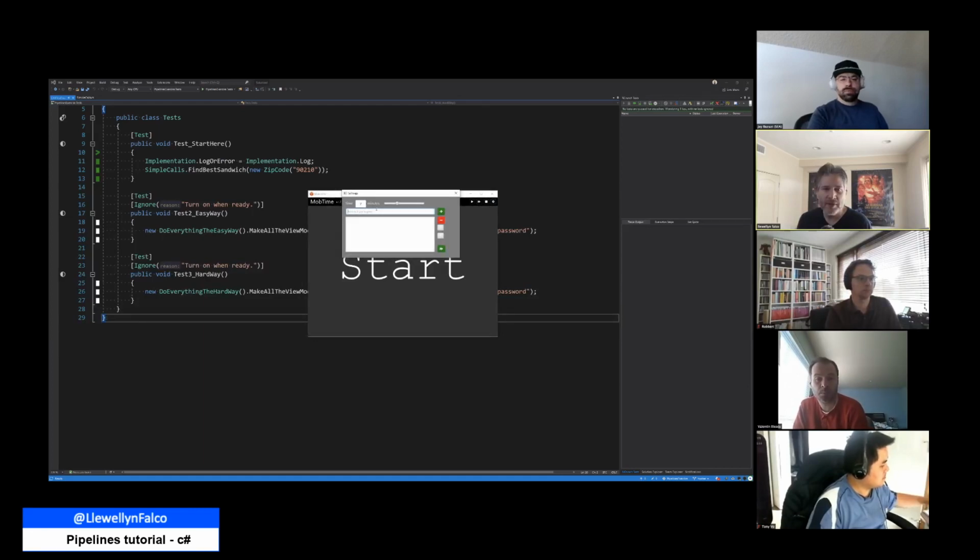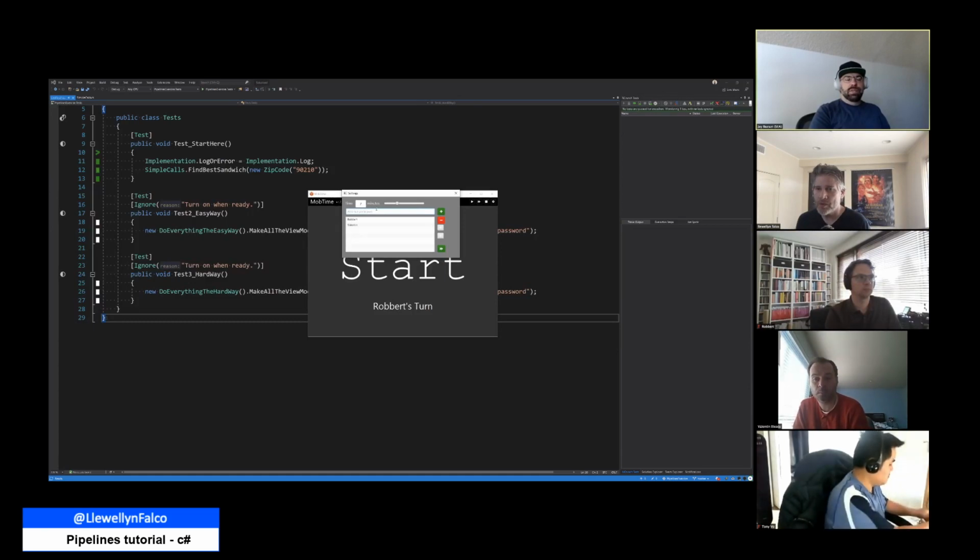And do we have the Dependabot set up on the tutorial project? I think the answer is yes, but it doesn't have CI, so I think we have to manually push it along. All right, when we bring it in, let's just make sure that we're on the latest version of pipelines. Okay.